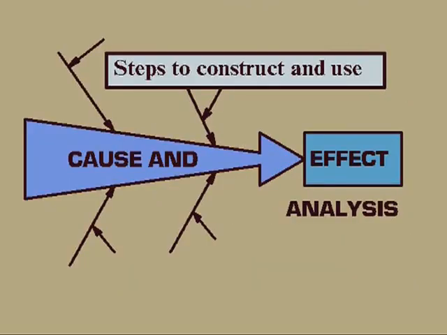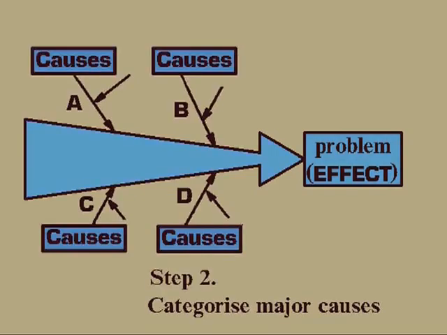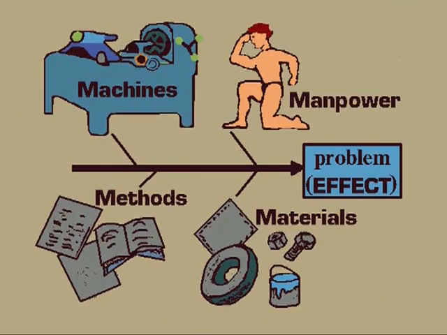There are 7 steps in the construction and use of a cause classification diagram. First, write in the quality problem on the right-hand side and draw an arrow pointing to it. Second, determine the major categories for grouping possible causes. The most popular examples of major causes are the 4 M's: machines, materials, manpower, and methods.